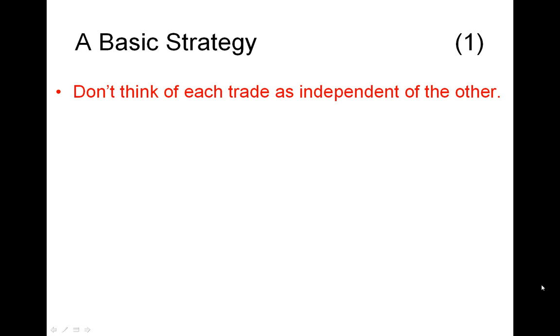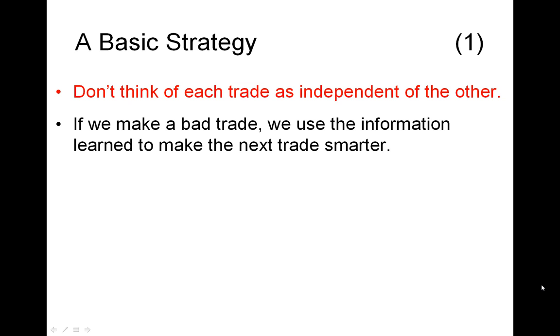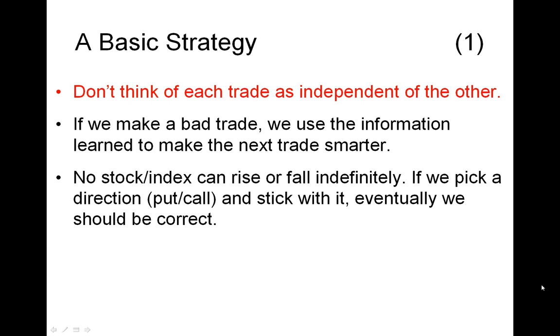While part 1 talked about treating each trade independently of the other, in this case we don't share that perspective. Essentially, if we make a bad trade, we use this information to make the next trade smarter, to make it better. The principle behind this is that no stock or index can rise or fall indefinitely.